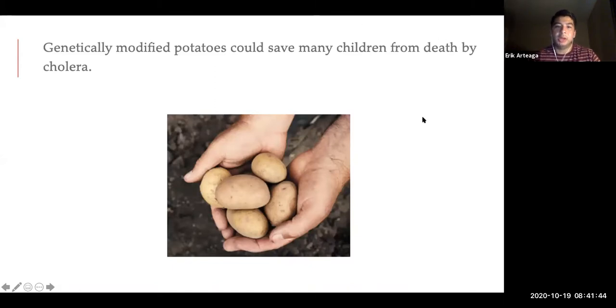Genetically modified potatoes could survive salty or differential environments, and resist cholera. So Vibrio cholerae is a type of gram-negative bacteria that causes cholera, right? So the very bad bouts of diarrhea, but they were able to target very specific genes that can help potatoes survive better in different conditions.